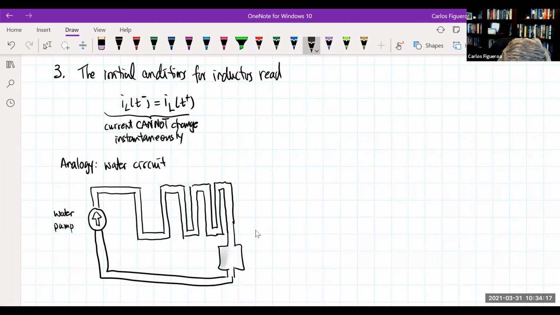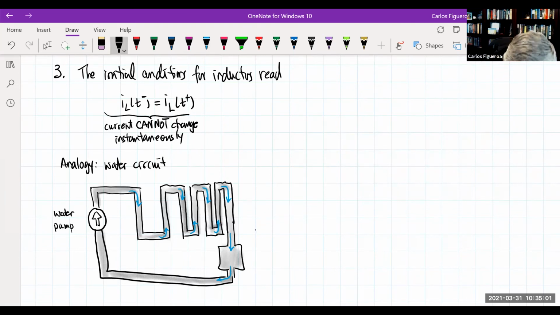In essence, this is sort of like your load. Water is flowing through these pipes, or this hose system. If I look at the load, I see water flow coming in and water coming out, and of course I have all of these turns.